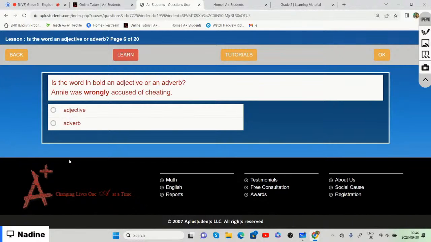All right, so we can then basically say wrongly is an adverb, because she was wrongly accused of cheating.